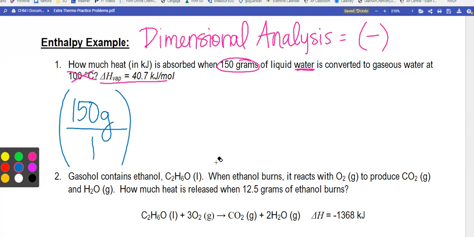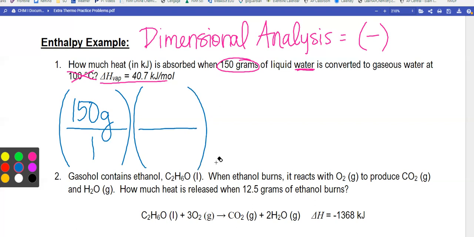Okay, so we want to change the grams into kilojoules, but if you have grams, side note, then you're going to have 3 parentheses. If you start with moles, or if you're ending with moles, you just need 2 parentheses, but grams have to switch to moles before you go to kilojoules. Okay, so that's what our second parenthesis is going to be.